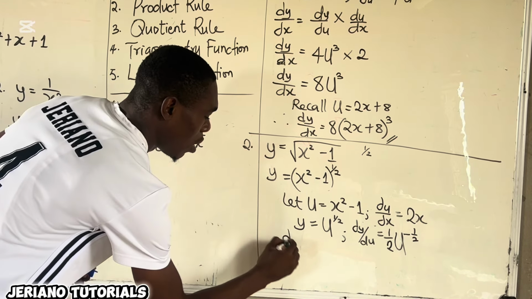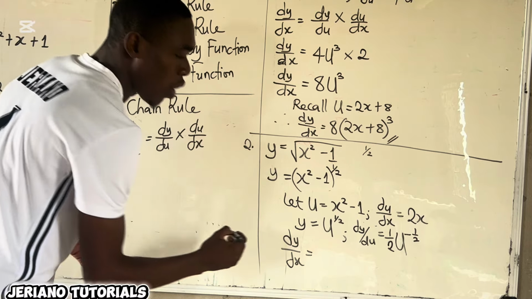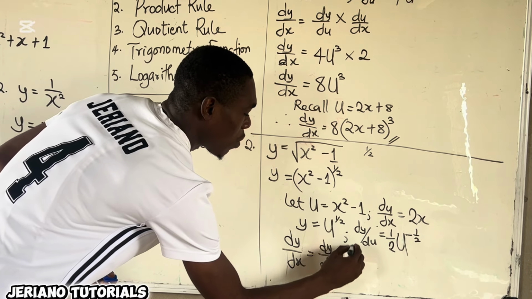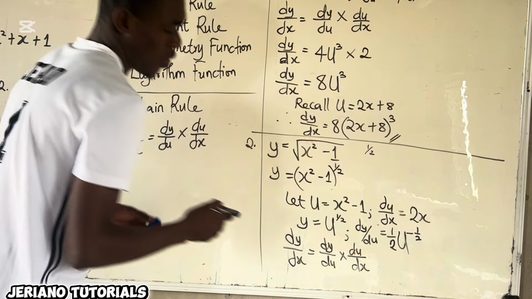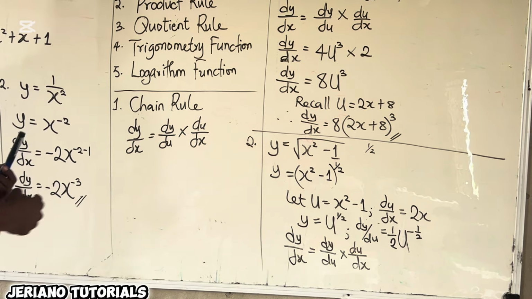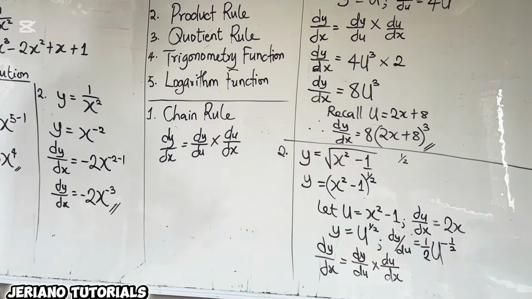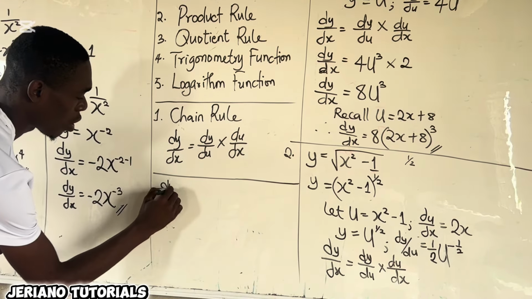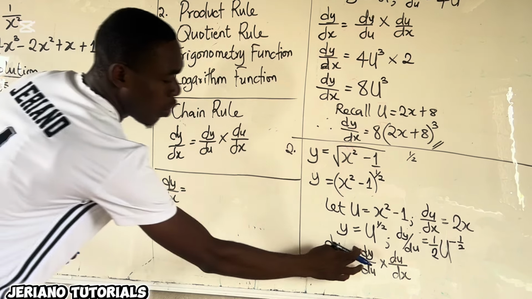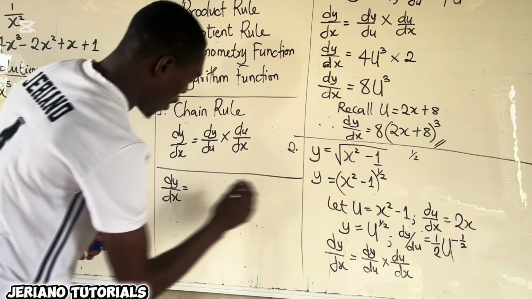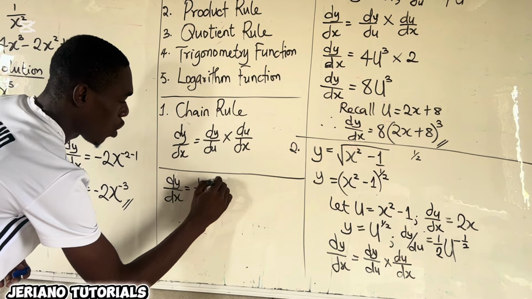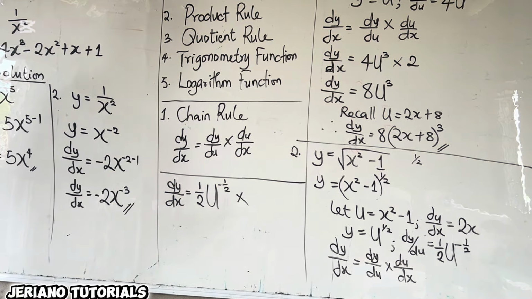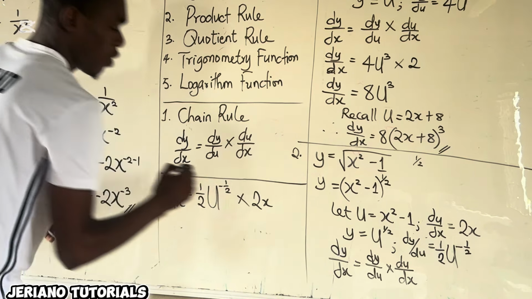Now, our formula: dy/dx is equated to dy/du times du/dx. Let's continue here to round it up. Our dy/du is half u raised to the power of minus half, times our du/dx, which is 2x.